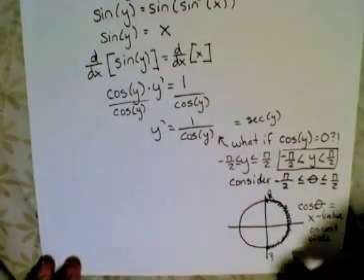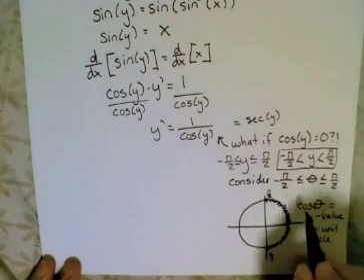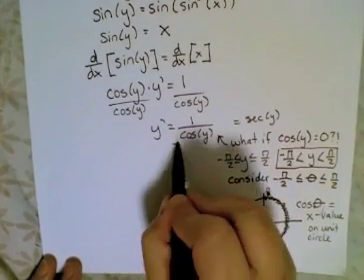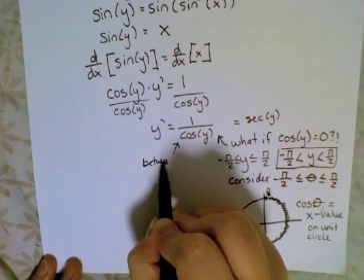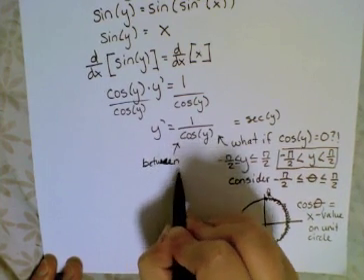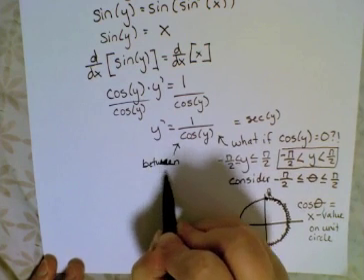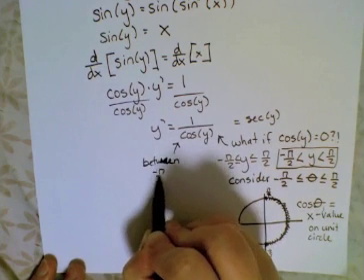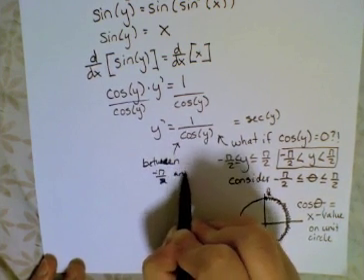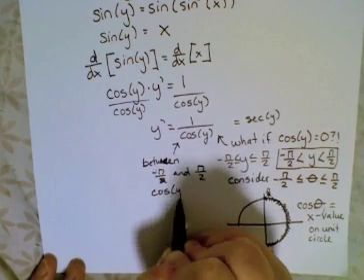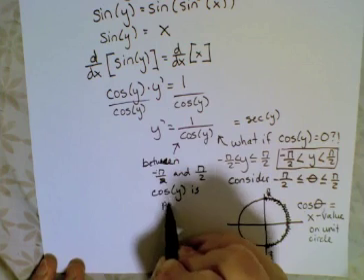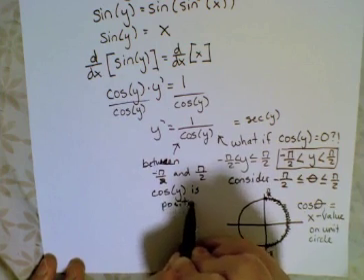So the cosine of y here is always positive. So between negative pi over 2 and pi over 2, cos y is positive. Okay, cool.